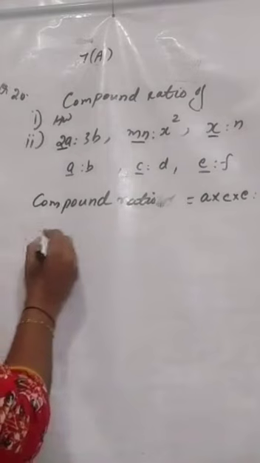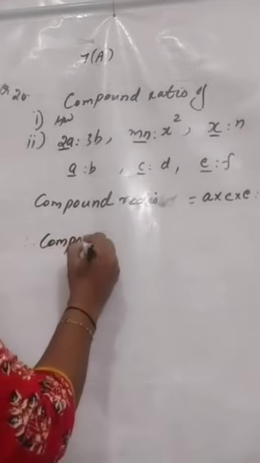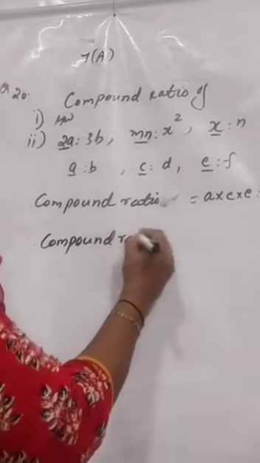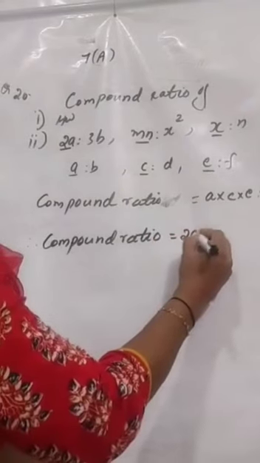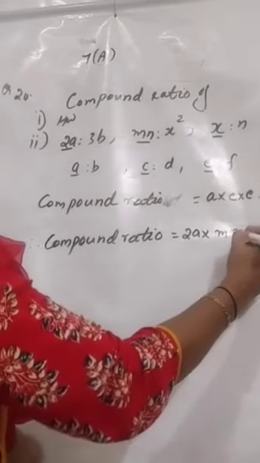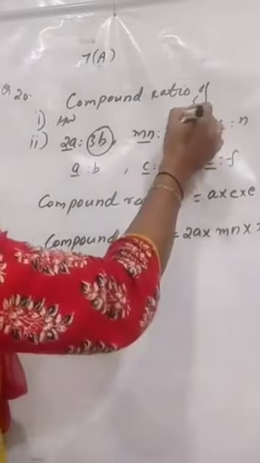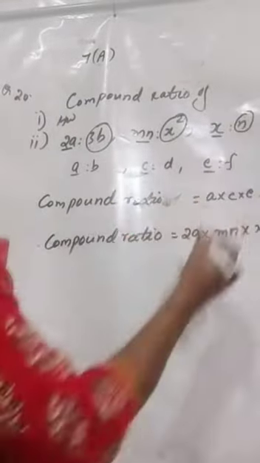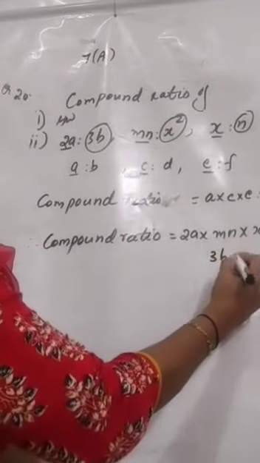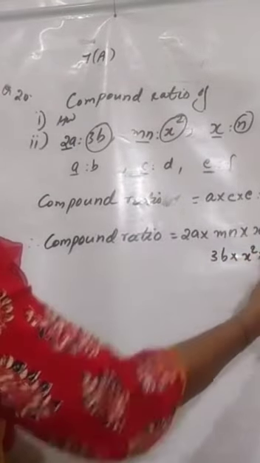So therefore the compound ratio is 2a into mn into x is to the second terms, 3b, x square and n, that is 3b into x square into n.